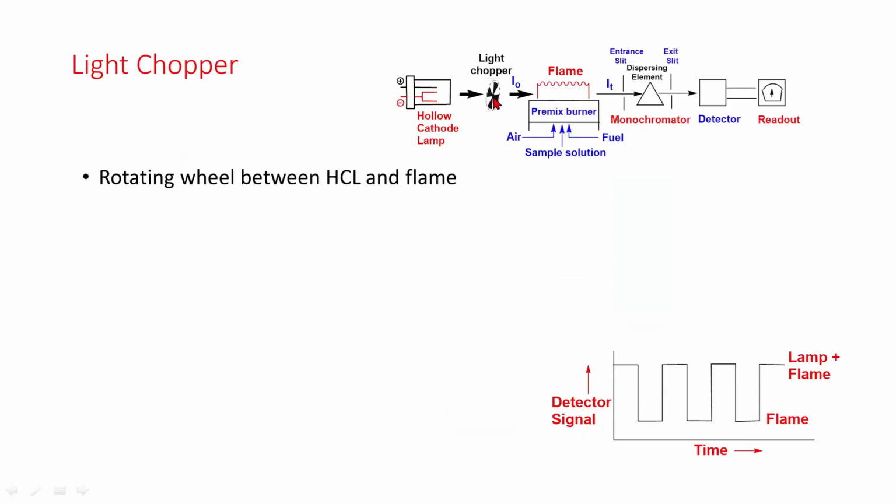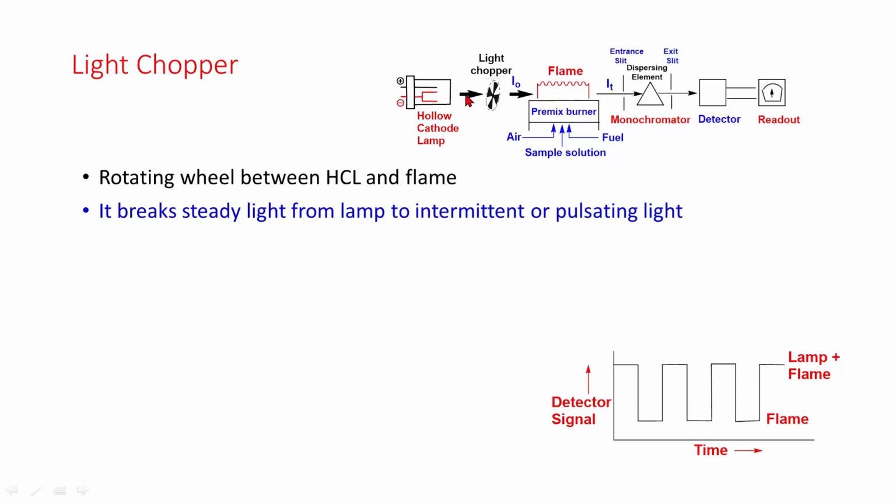Next is light chopper. It is a rotating wheel between hollow cathode lamp and the flame. It breaks the steady light from the hollow cathode lamp to intermittent or pulsating light. This is detector signal versus time. At one time detector sees flame emission, at other time detector sees emission by the lamp and the flame.